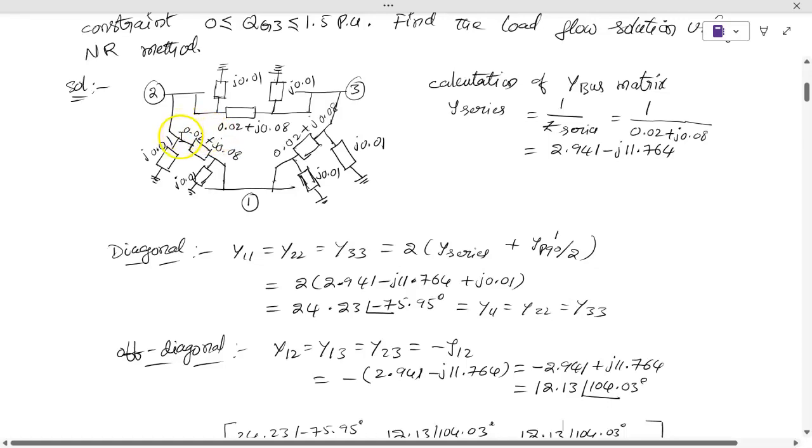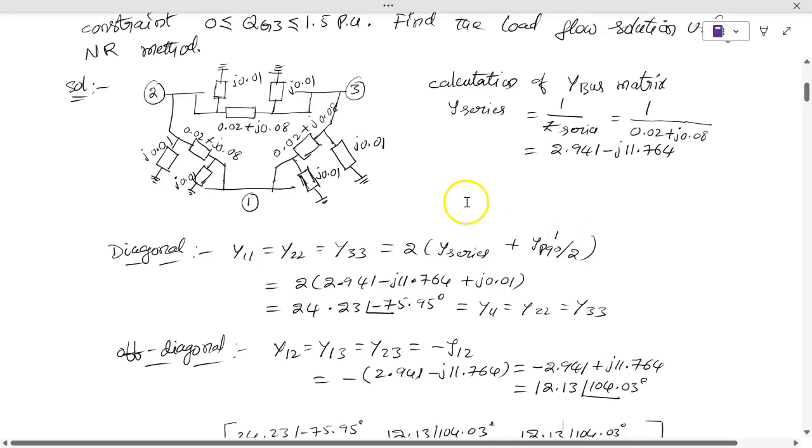And the series admittance we have calculated, so we can represent it here. This plus this means 2 times the series admittance. So we have written here: all diagonal elements are equal to 2 into y series plus shunt admittance by 2, half of the shunt admittance, added 2 times.